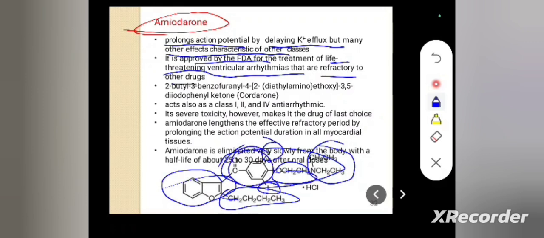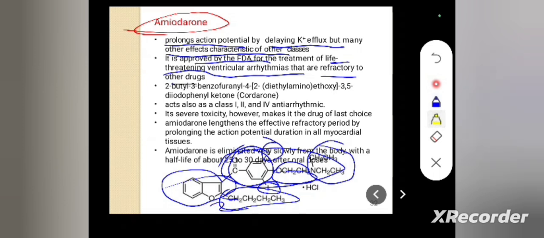So at the third position of the benzofuran there is the substitution of diethylaminoethoxy diiodo benzoyl, and at the second position of the benzofuran there is the butyl substitution. So this is the chemistry of amiodarone.